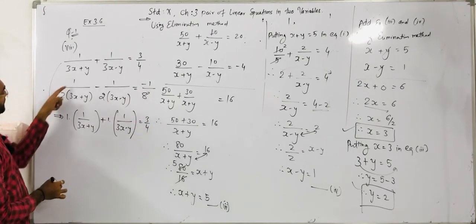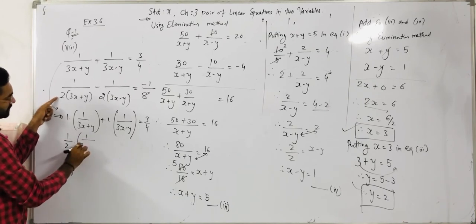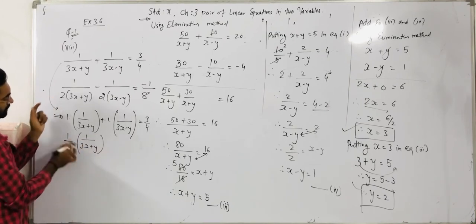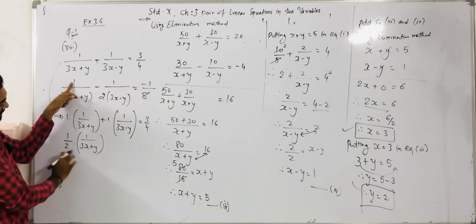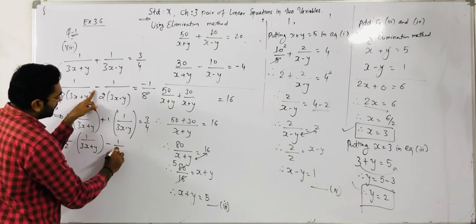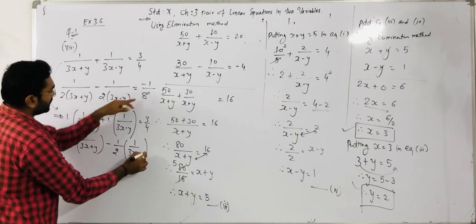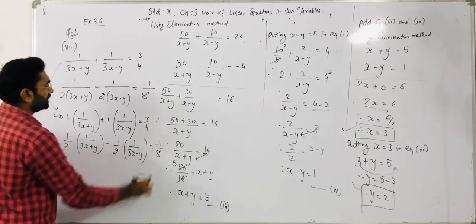The second equation we can write as 1 by 2 times 1 upon 3x plus y, minus 1 by 2 times 1 upon 3x minus y is equal to minus 1 by 8.